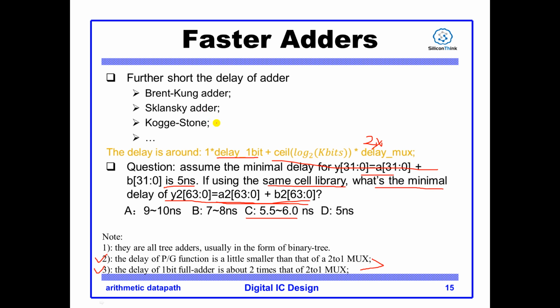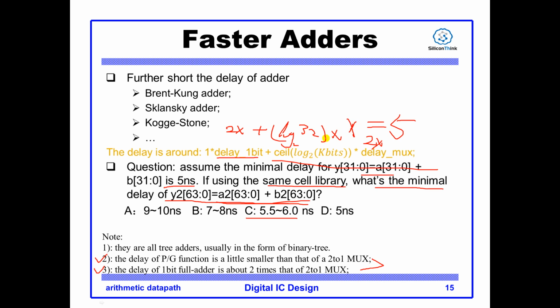So you can get an equation: 2x plus x equal to 5.